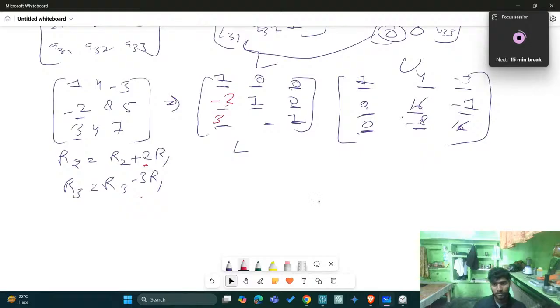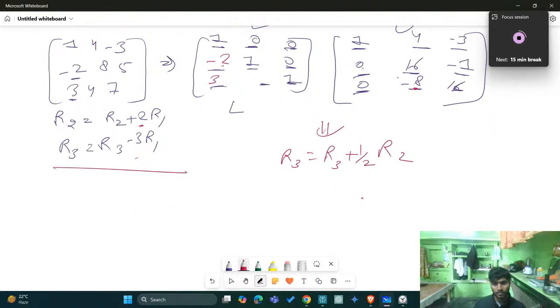Then again we have to make this zero. What can we do now? We can do R3 is equal to R3 plus 1 by 2 R2. Look, 1, 4, minus 3, 0, 16, minus 1.